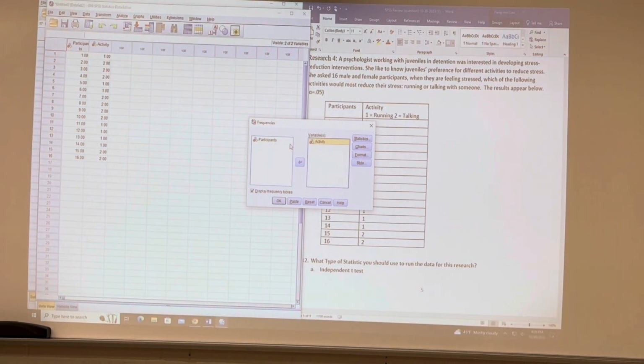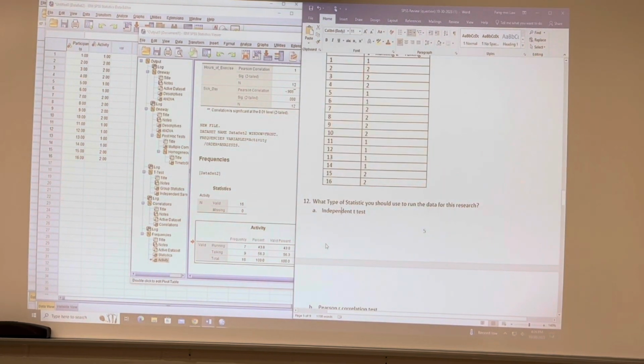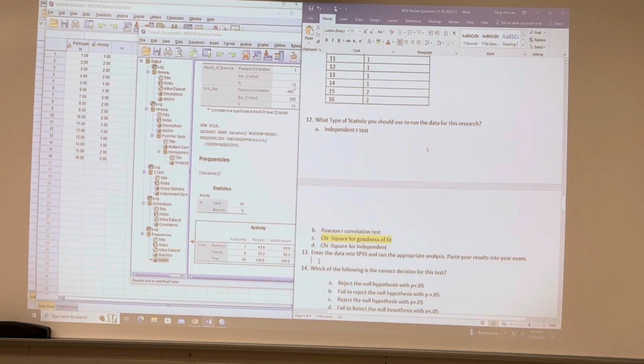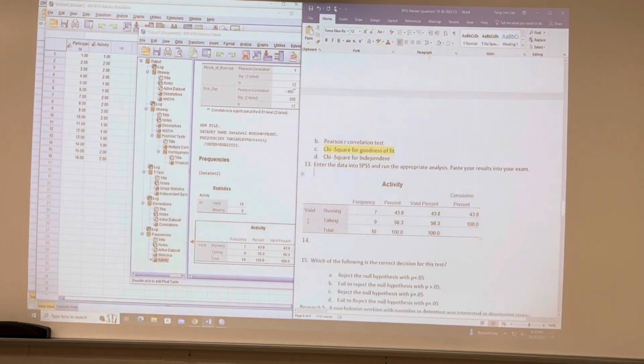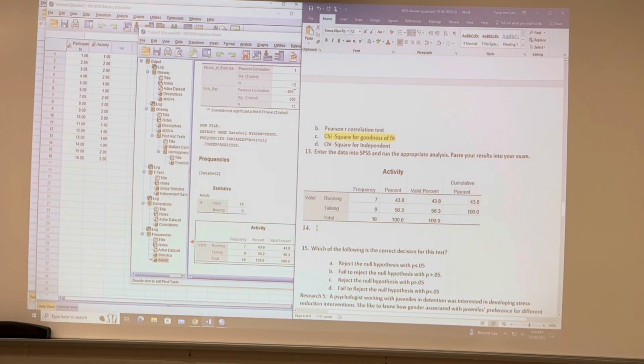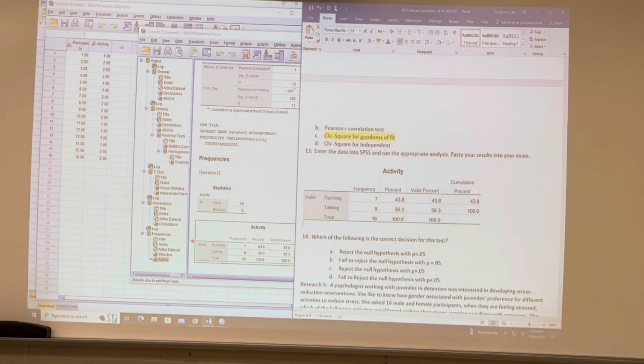So just say activity, and okay. Now you get the frequency table. Put it under number 13. This data tells us 7 people use running to reduce stress, 9 people use talking to reduce stress. And it's not enough yet.